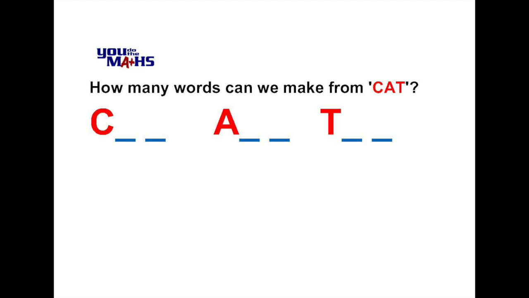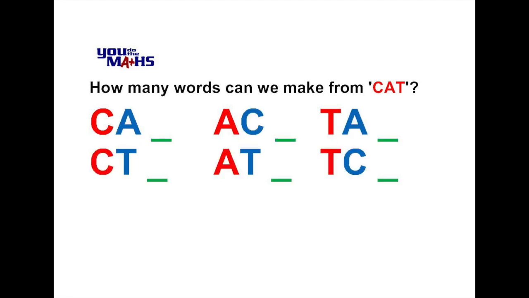Now because we're not allowed repeats, in the second position there are only 2 characters we can use for each letter. So for example, if C is the first letter, we can only use an A or a T in the second position. Likewise, if A is the first letter, we can use a C or T, and if T is the first letter, we can only use an A or a C. For the remaining letter, we've got one choice for each one of these examples.